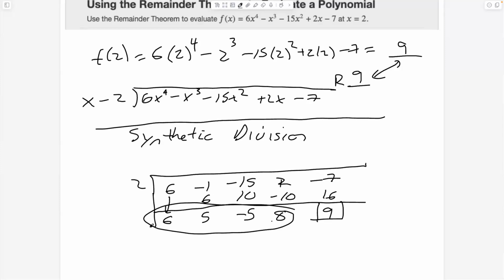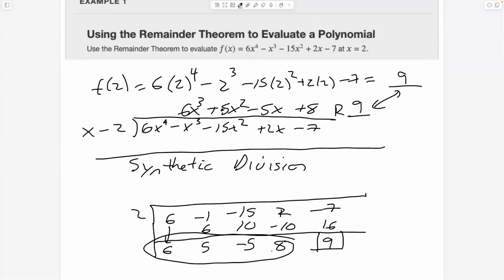So this is a cubic here. So these will be the coefficients starting with the third degree. 6x cubed plus 5x squared minus 5x plus 8. And then our remainder is the last one. So it's just a shortcut for doing long division.